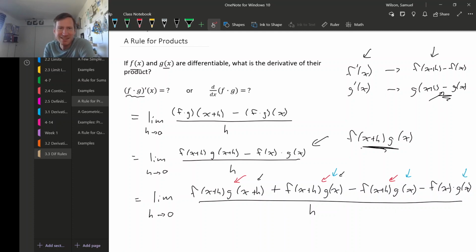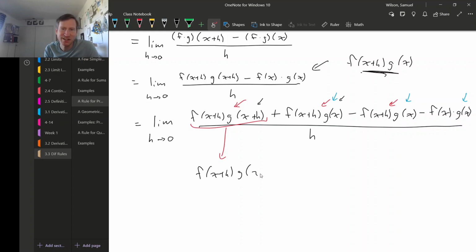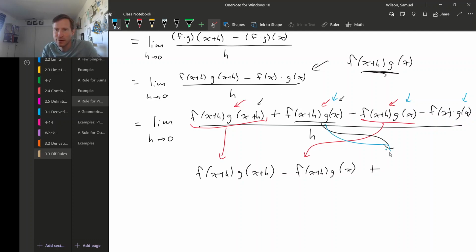So let's take this term, f of x plus h times g of x plus h, group it with this term, minus f of x plus h times g of x, and then these other two terms, we'll put them together as well.